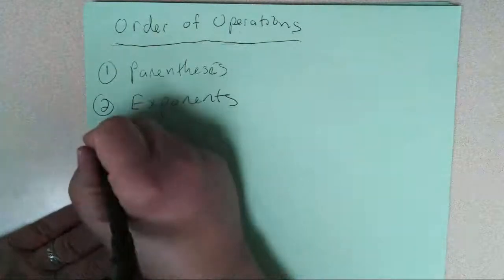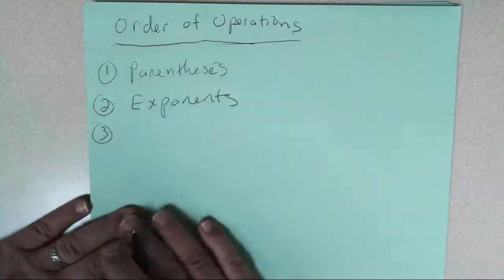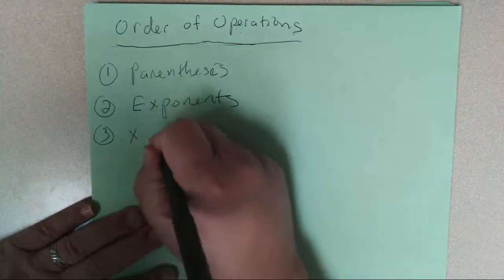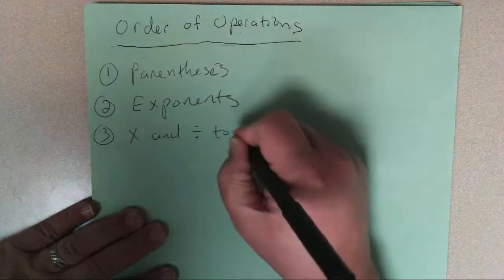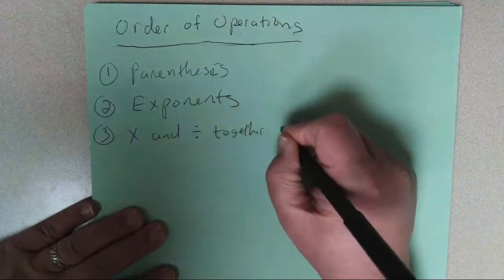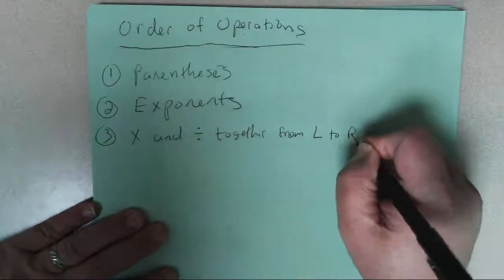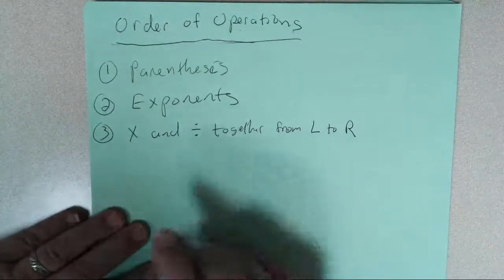And the third thing is you're going to multiply and divide together from left to right. So you do those two together from left to right.